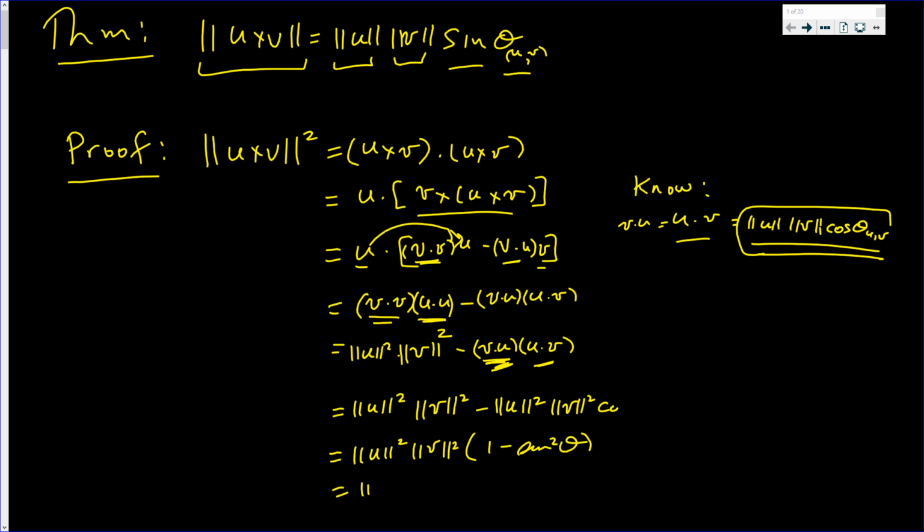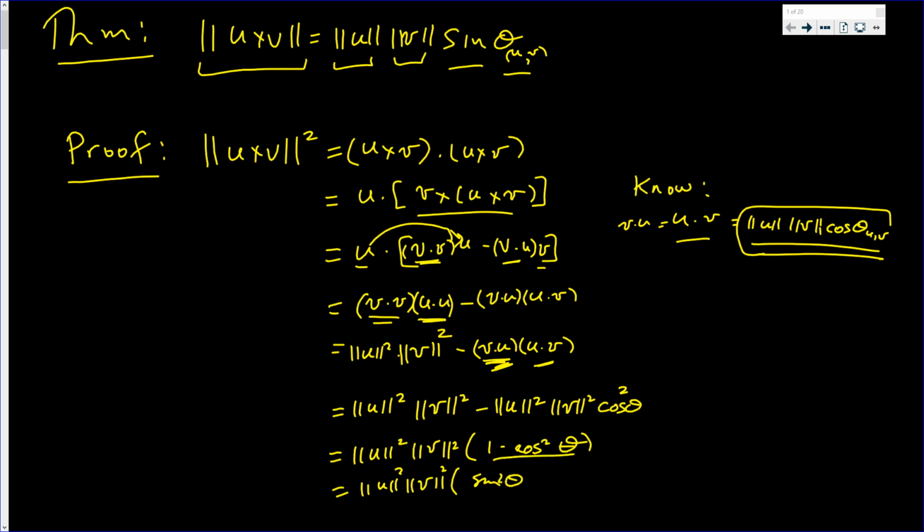So this should be cosine theta squared. Oh, I guess I can put the square in. Sorry about the silly error. Minus the cosine squared. So now when I factor out the length of u times the length of v, well, what I mean to say is I already did that.